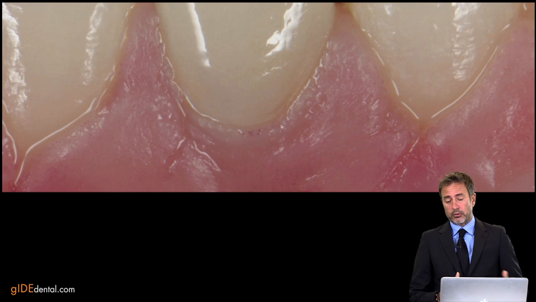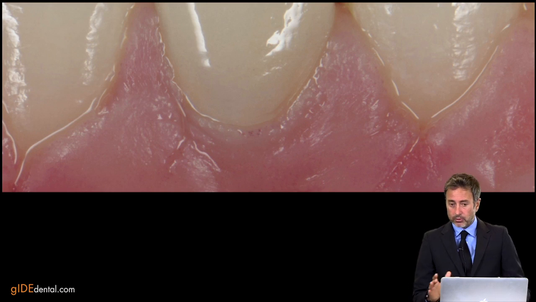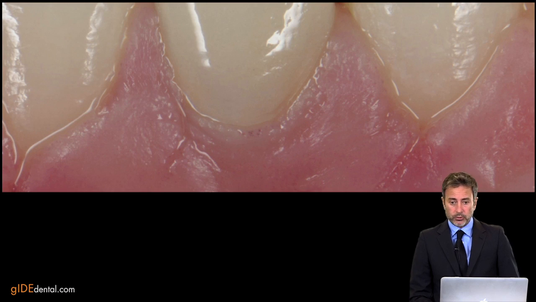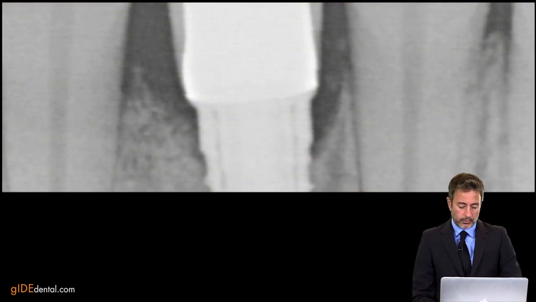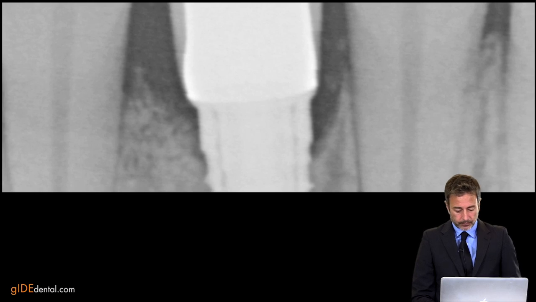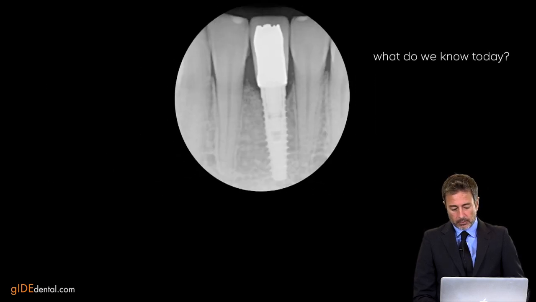So usually after 2 years, when I see this stable condition in an implant rehabilitation, I'm happy and pretty sure that this is going to last for the next years. In the radiograph in this case, we see an implant with a screw retained restoration at the implant level. Maybe some bone resorption in the first 1.5 millimeters, as you see here.